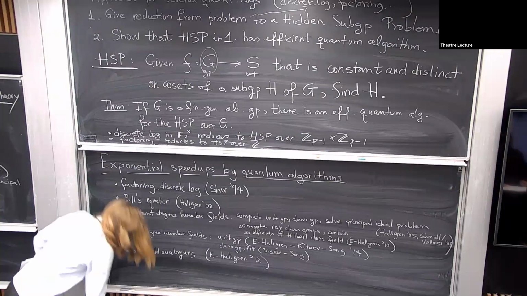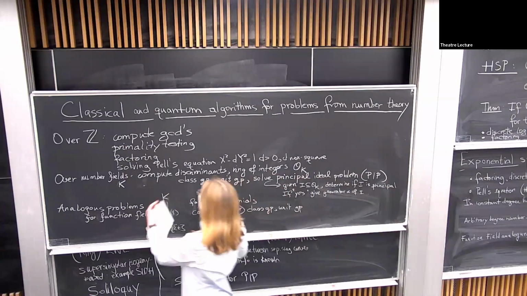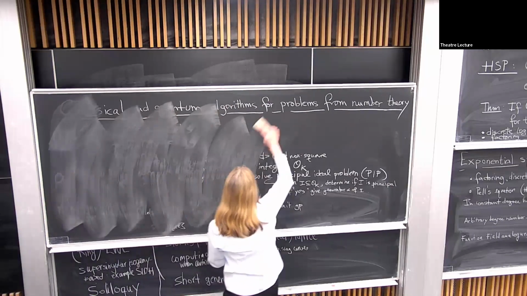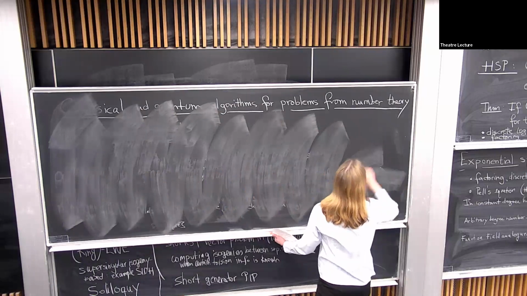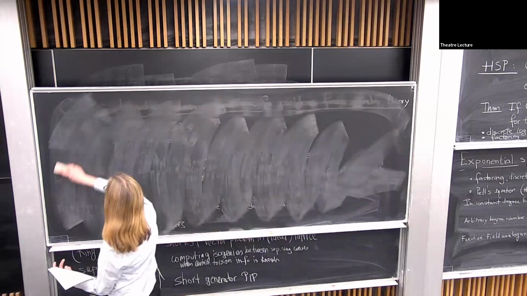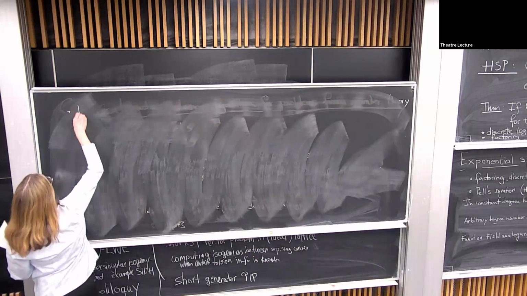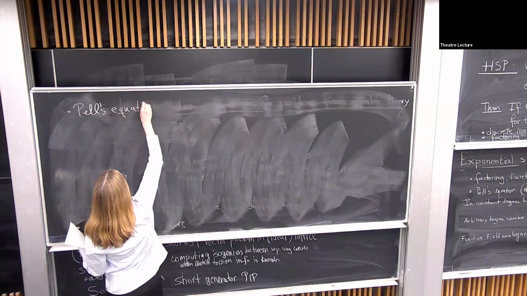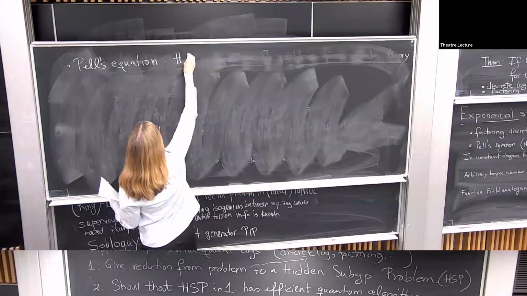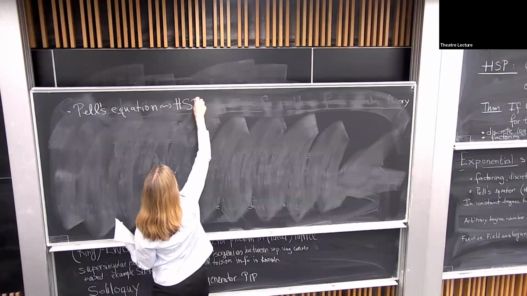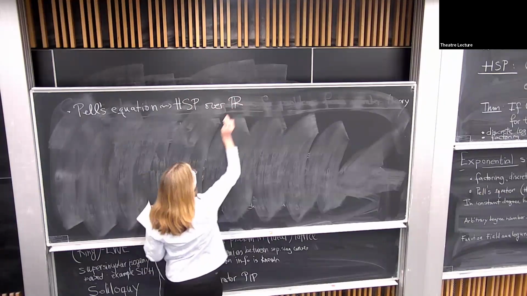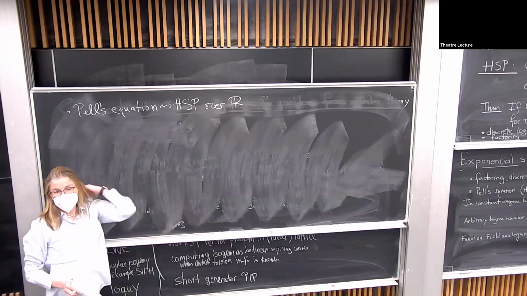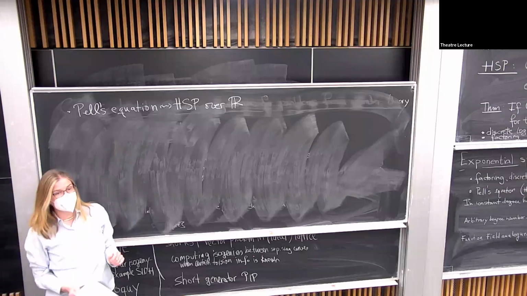There are also other ones. So here I listed Pell's equation. And that turns out to reduce to a hidden subgroup problem over R. And now there's already trouble because quantum computers can't really compute with real numbers.